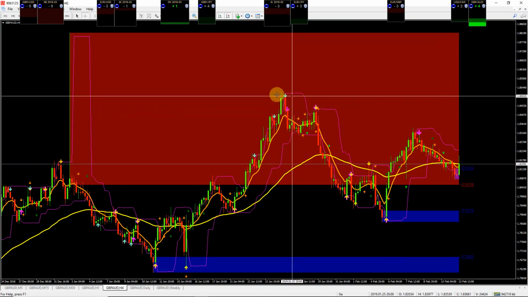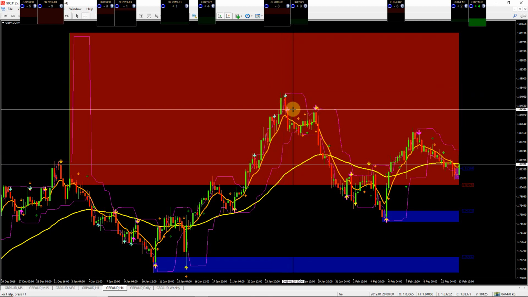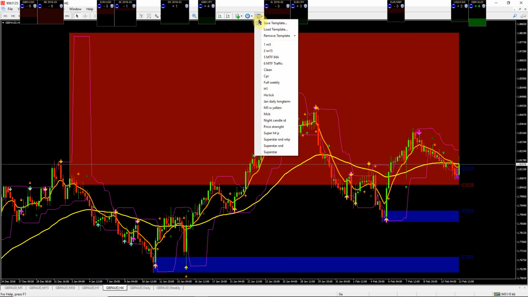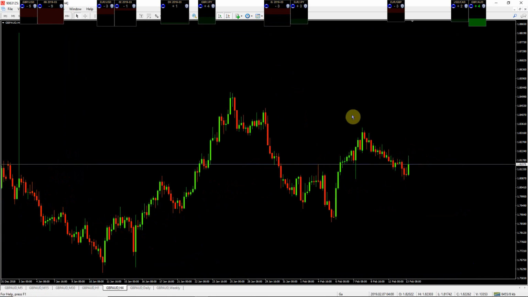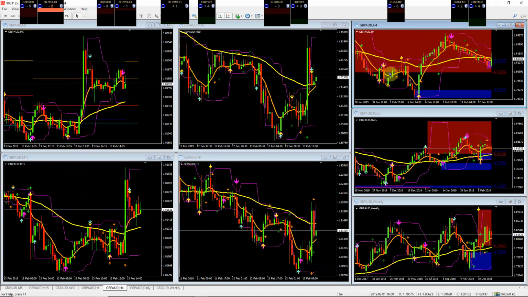I was waiting for ages for an entry. I'm seeing this evening star. Let me just show you. It's a bit easier to see here. So we've got a nice evening star there. And yeah, I was looking for a trade on it.